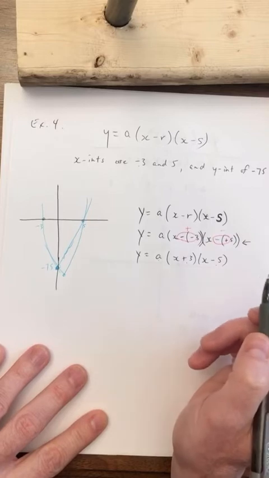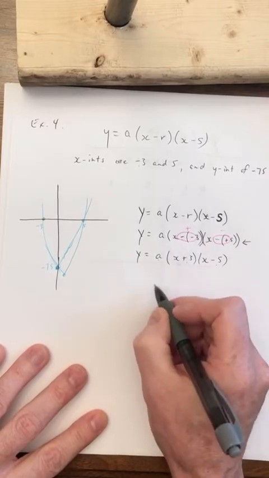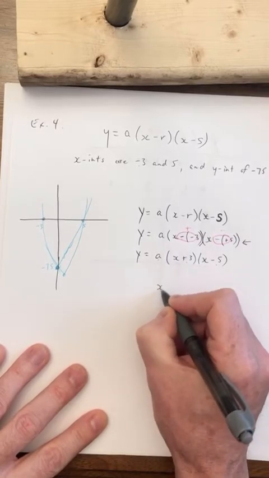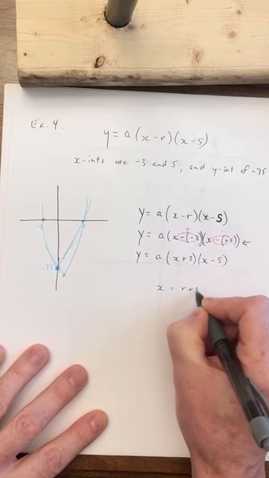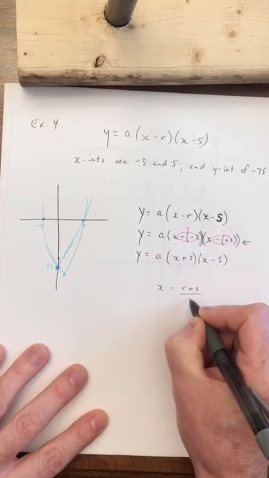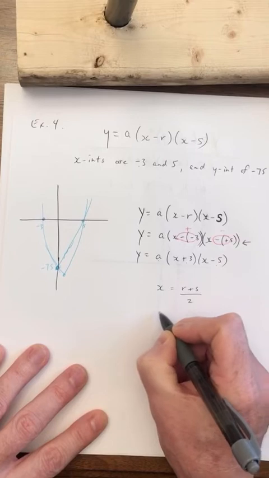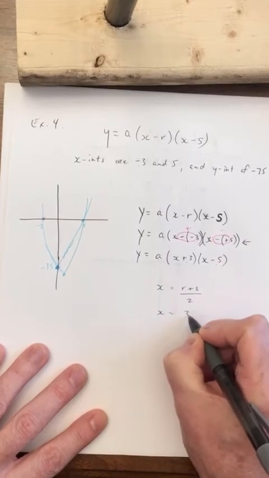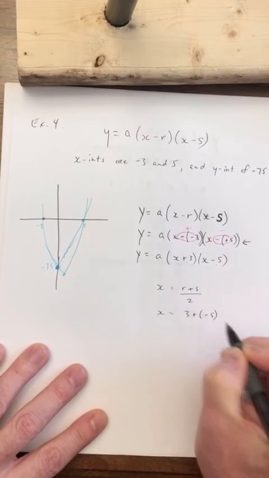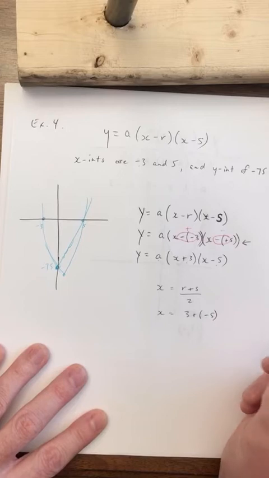So let's find our axis of symmetry. So that is r plus s divided by 2. We have 3 plus negative 5.